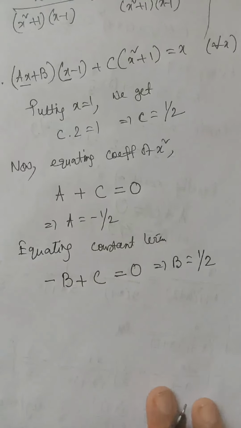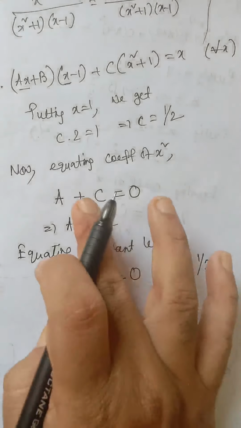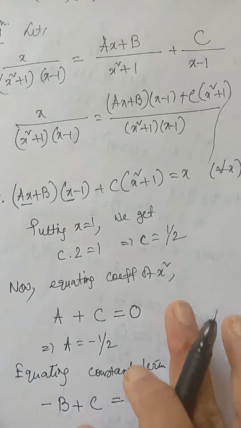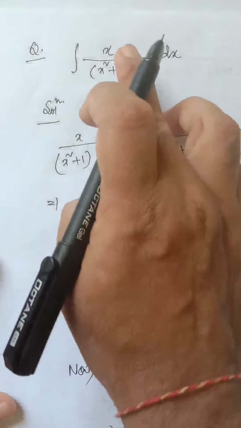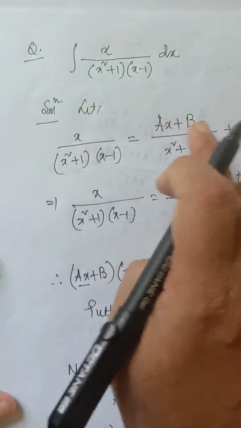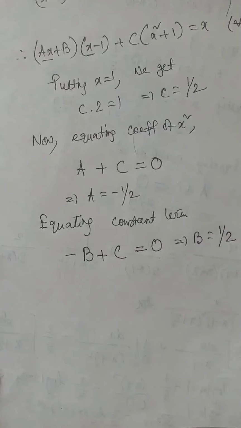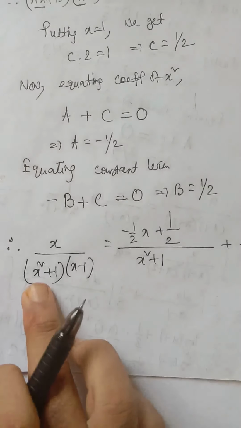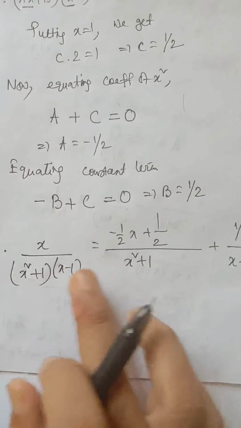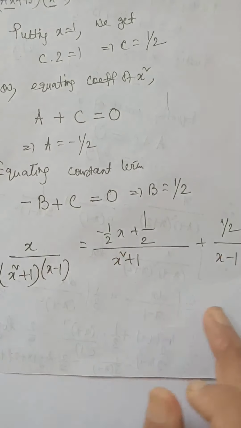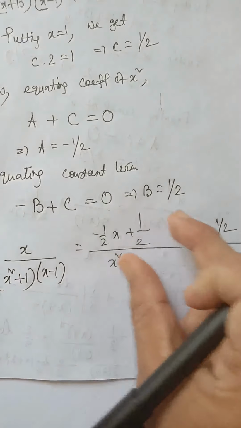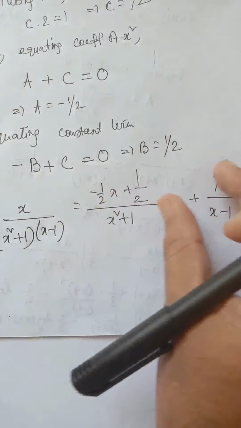Now you can see ultimately we get all the values a, b and c. So we will write the given fraction in this form, as we have to integrate it. Now you can see each of these fractions is a partial fraction of this.